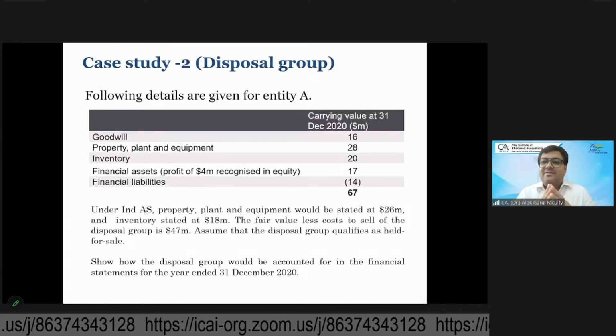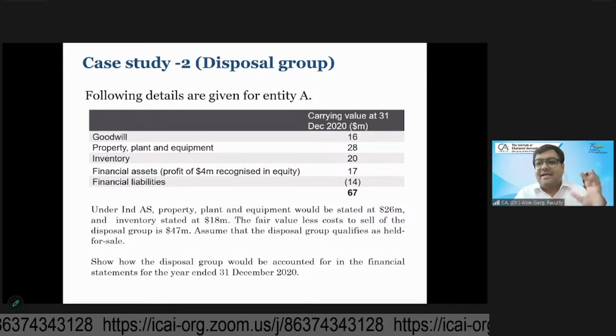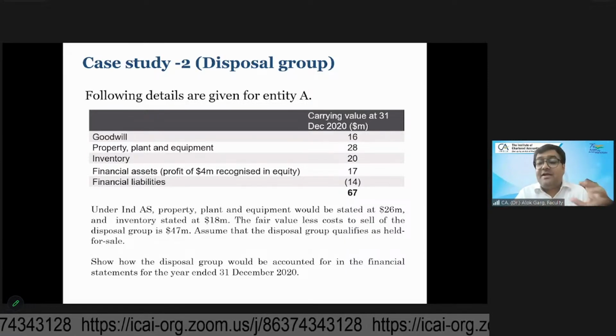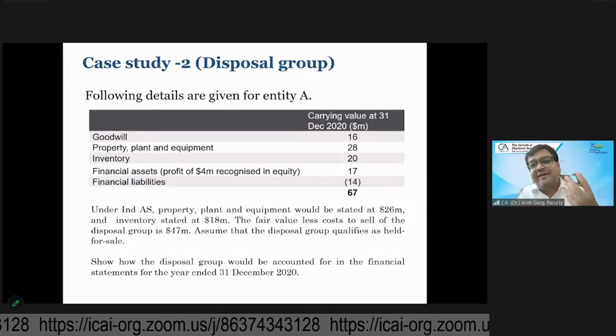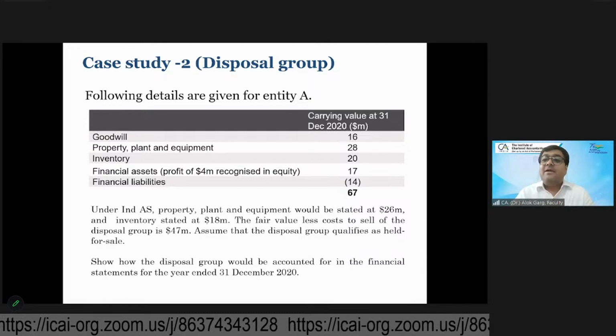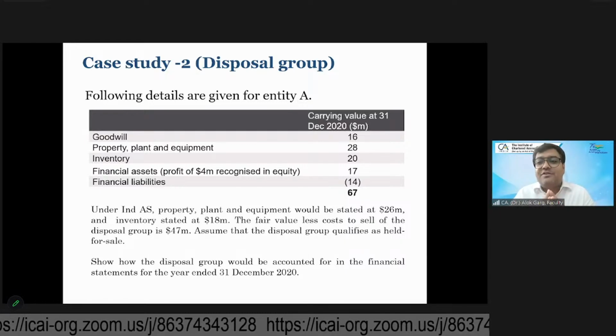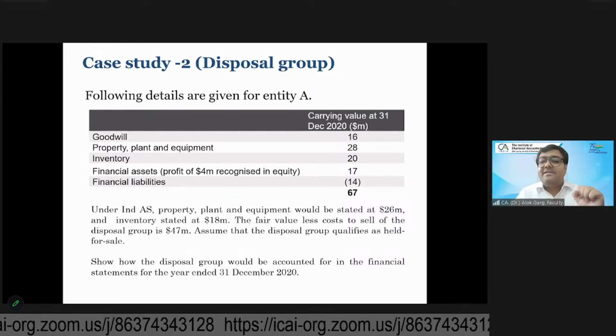So friends, the criteria for held for sale is that it has to be available for immediate sale in present condition and sale must be highly probable. The same criteria is there for a group of assets also, meaning disposal group held for sale. The measurement criteria for held for sale or disposal group held for sale is again the same.